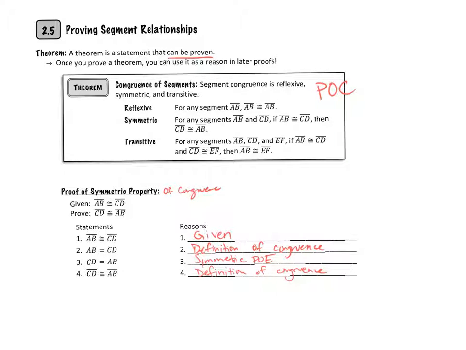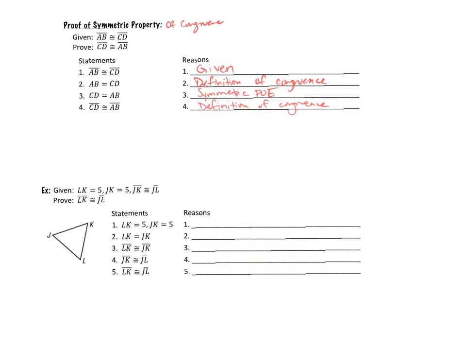Now we've proved it, so we can use it. In our next proof, my first statement says that the length of segment LK equals 5, and the length of segment JK equals 5. Those are given, so my reason for statement 1 is just given.